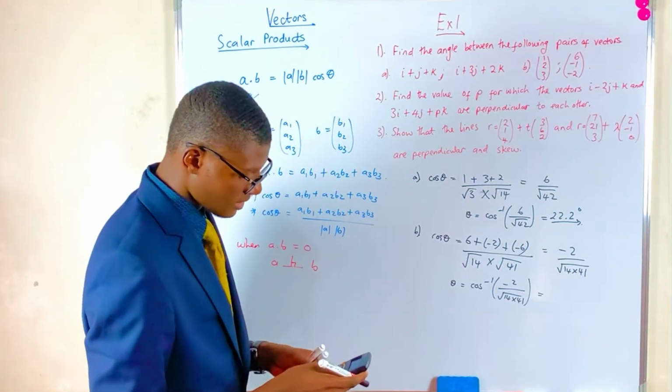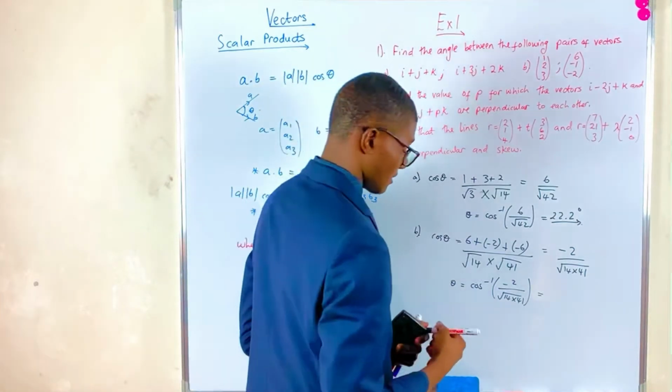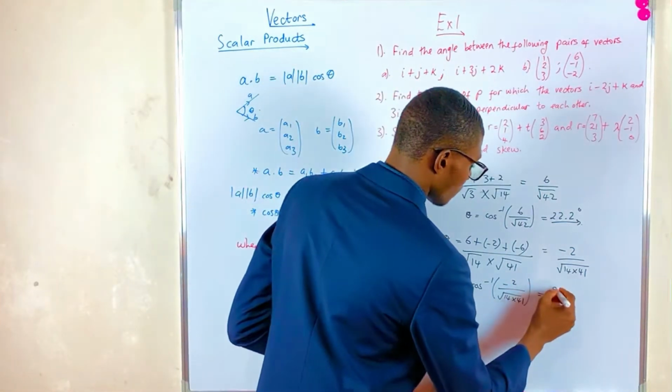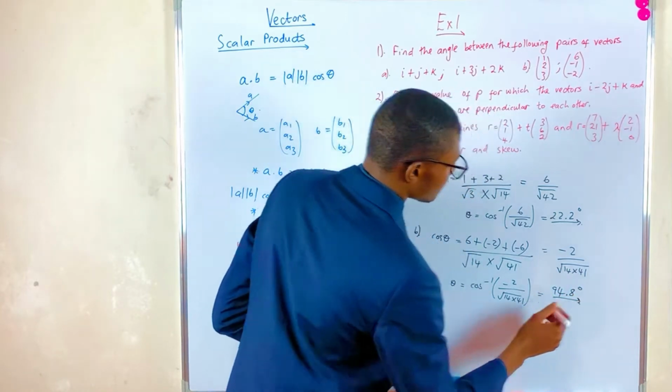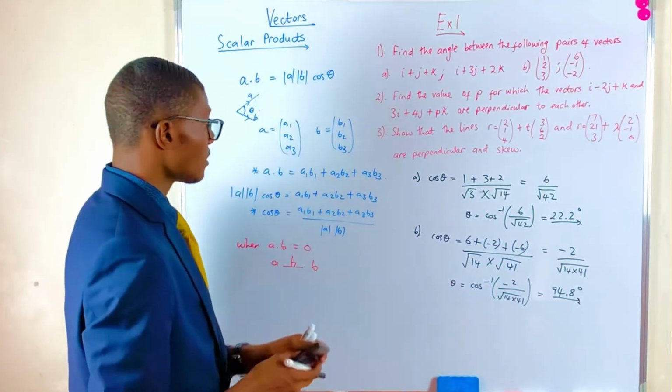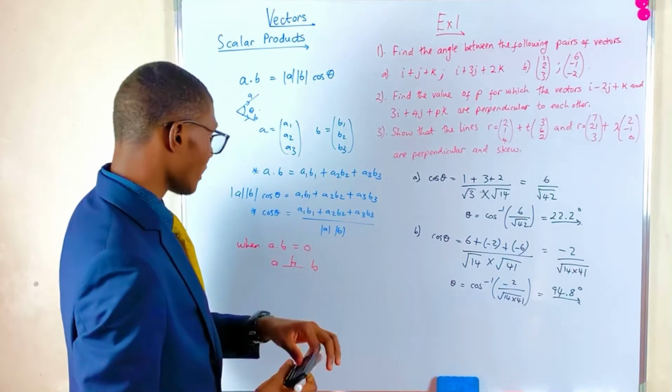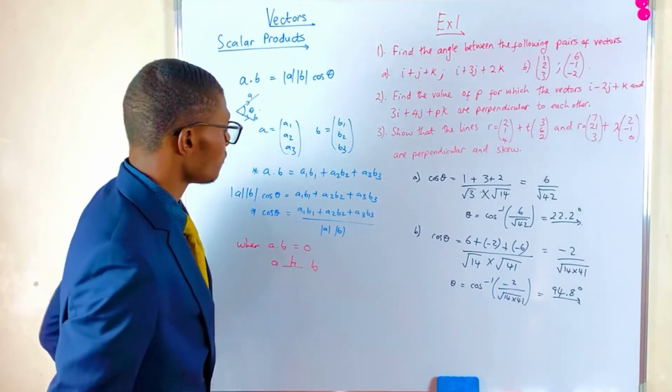That will give us 94.8, so this will be 94.8 degrees to 1 decimal place, of course. So this was looking at number 1. Now we shall move on to look at number 2.